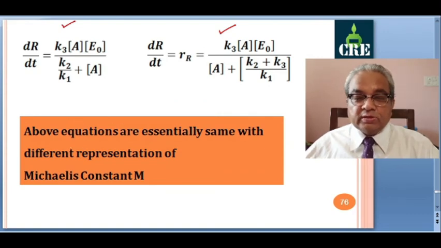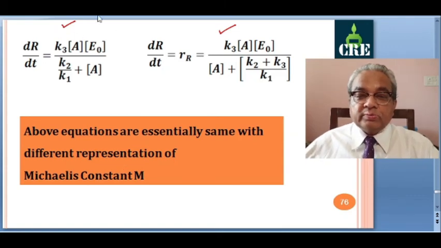The above equations are essentially the same with different representation of the Michaelis constant. So for Michaelis-Menten type kinetics, it is K1Ca by 1 plus K2Ca. If I write the equivalent form, K1 is K3 into E0, Ca is there, 1 plus K2Ca.